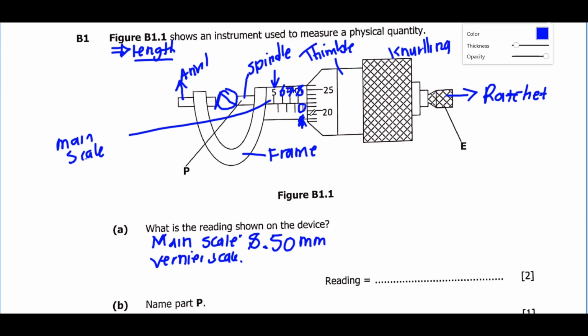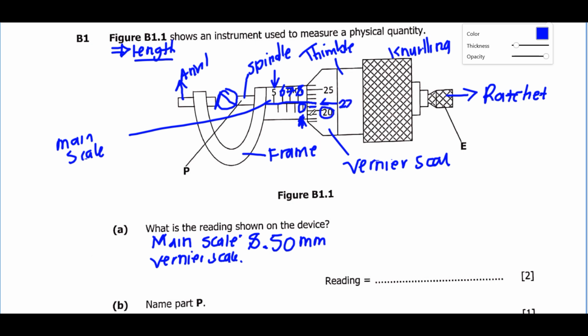Then from there, we go to the vernier scale. So from the vernier scale, we are going to consider the line of reference. So the line of reference is this line here, the line that is moving from the main scale that coincides with this line from the vernier scale. So we call it a reference line. So we have a 20, then 21.